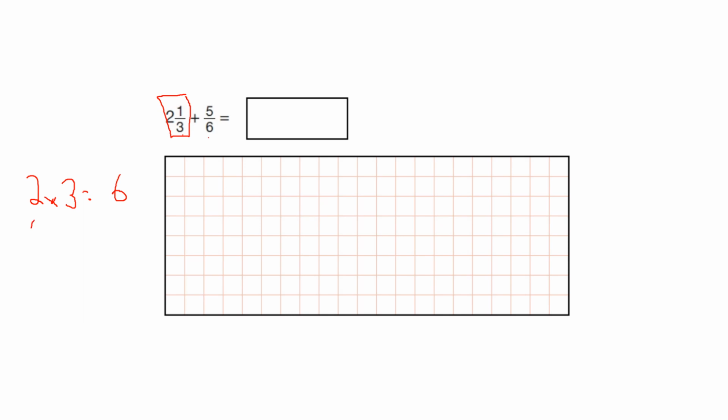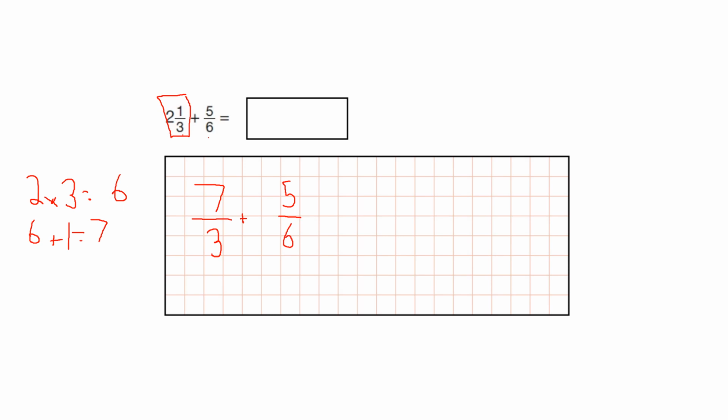And then I'm going to do 6, add the numerator of 1 equals 7. So I've now got 7 over 3, as my denominator always stays the same, add 5 over 6.